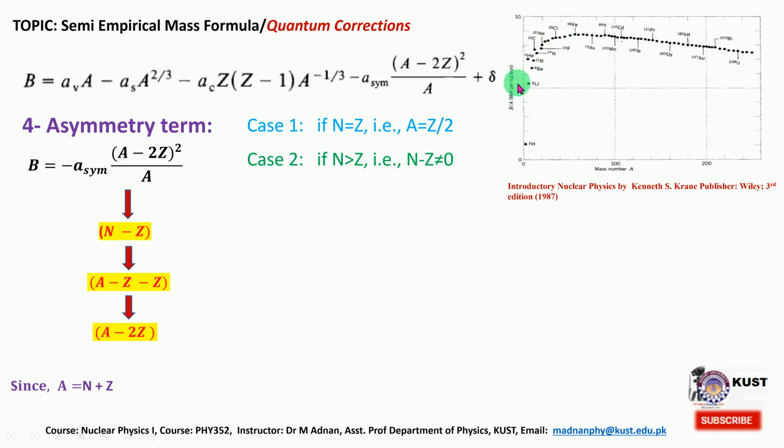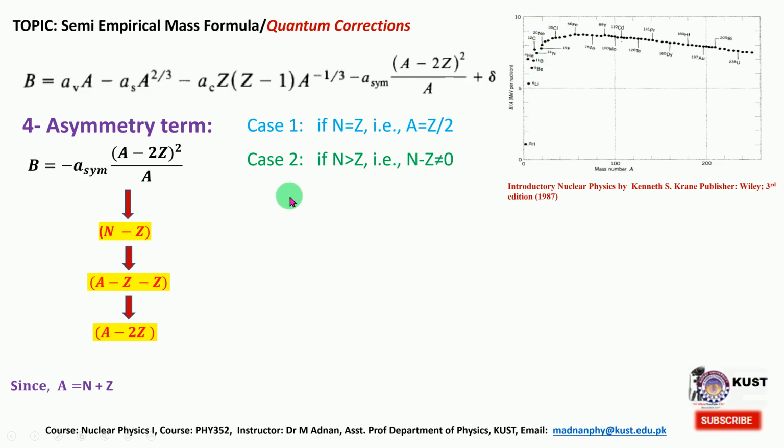For example, these will be the lighter weight elements, then we have the intermediate and the heavy weight elements depending upon the nuclear number. So N is equal to Z is a trend of these elements which are lighter.